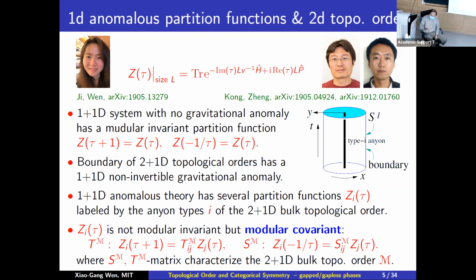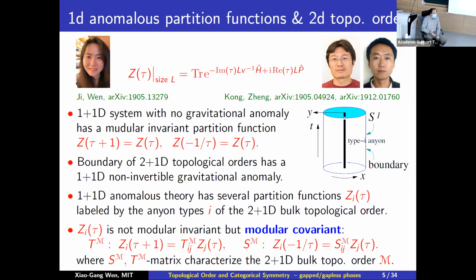Why does it have many components? Because this axis is space and the vertical direction is time, and this blue region is the bulk. We can insert an anyon worldline in the middle, not touching the boundary. Inserting an anyon worldline in the bulk, the boundary is not affected, but inserting different anyons puts the boundary in different sectors.